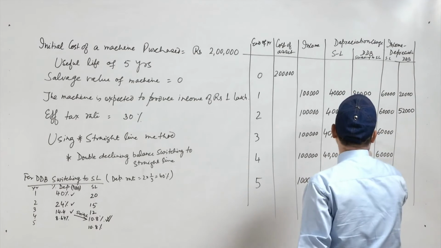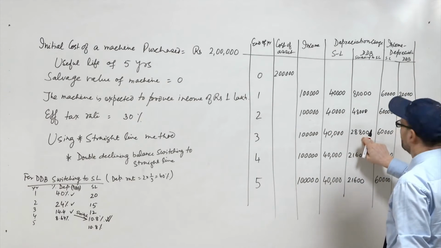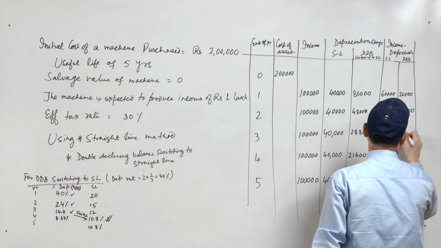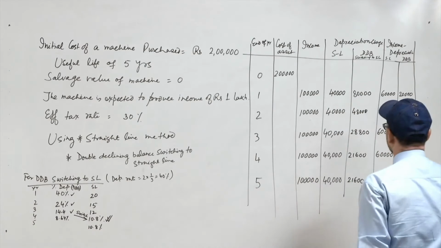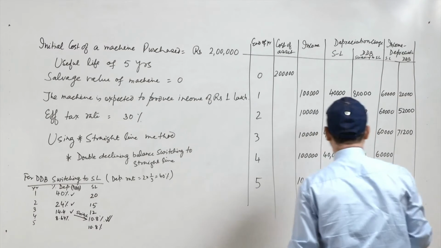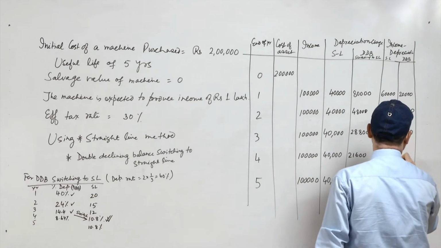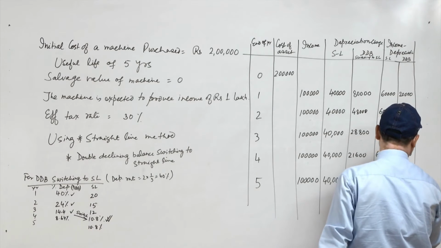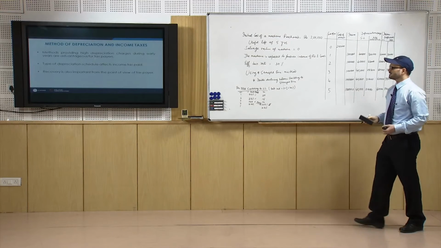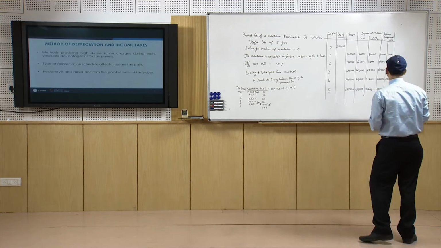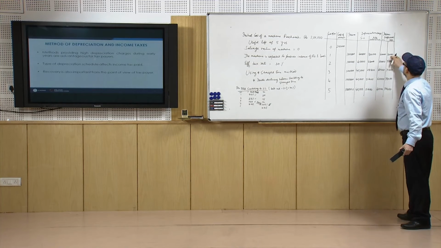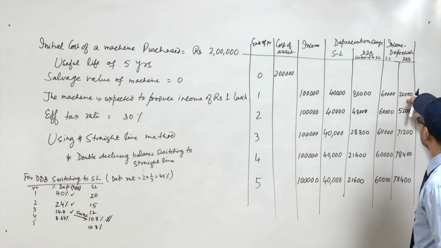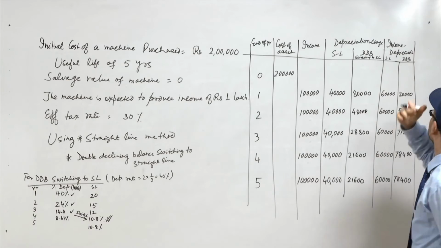Then 1 lakh minus 28,800, so it will be 71,200. 1 lakh minus 21,600, so it will be 78,400 and 78,400. So, this is the depreciation schedule, I mean the amount of money, that is net income of the company or individual on which you have to pay the tax.